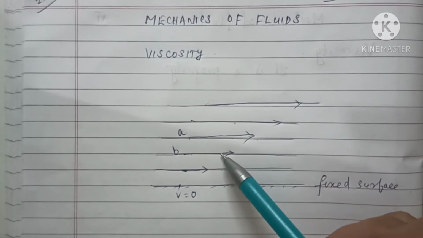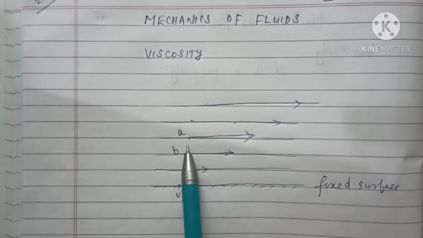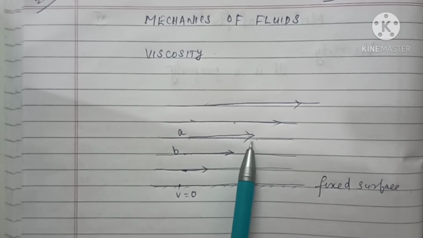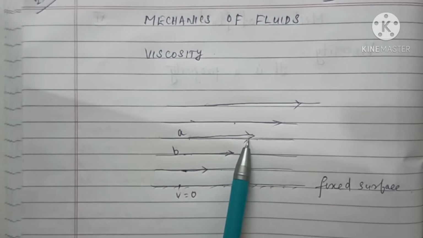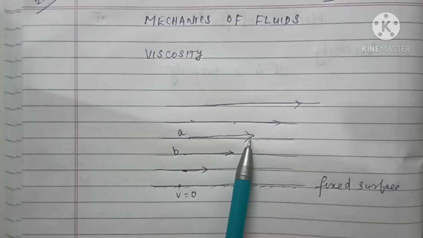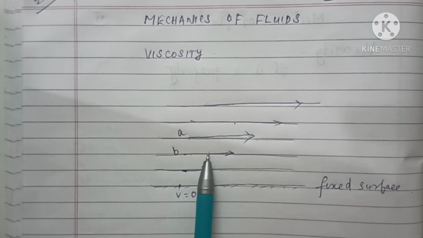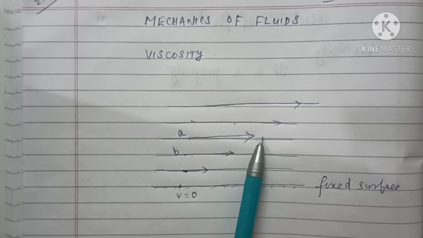That means these two layers have different velocities, right? So this layer always has a tendency to move with a faster velocity than this layer. So it always has a tendency to accelerate, and it will make layer B also accelerate with it.